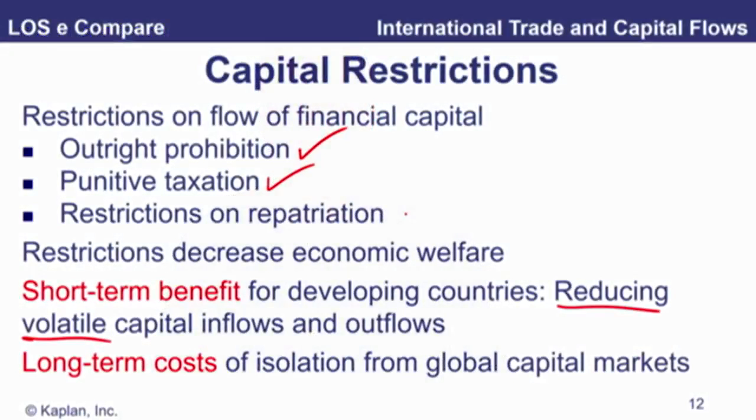Now, if you're just putting way too much in here and things are going crazy, let's just calm it down. That's the short-term benefit. But long-term, you'll be isolated from global markets, and just like all of our discussion of comparative and absolute advantage in goods and services, it will decrease economic welfare. We don't like trade restrictions. We don't like capital restrictions.